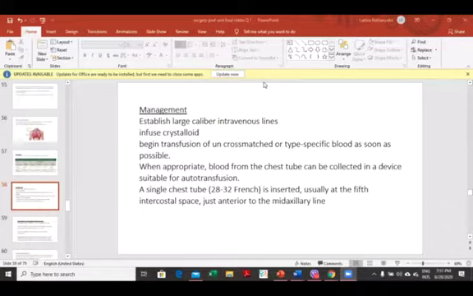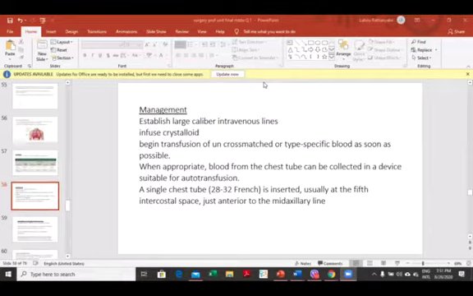Usually, we can get type-specific blood within 10 minutes, and it takes around 30 minutes to get good cross-matched blood. So, depending on the availability, you have to transfuse blood after 1 liter.